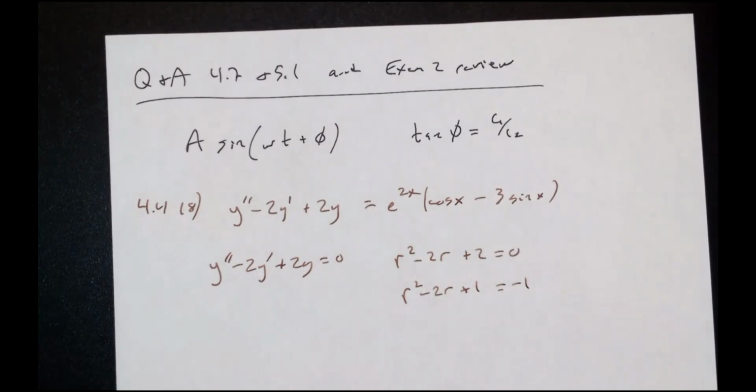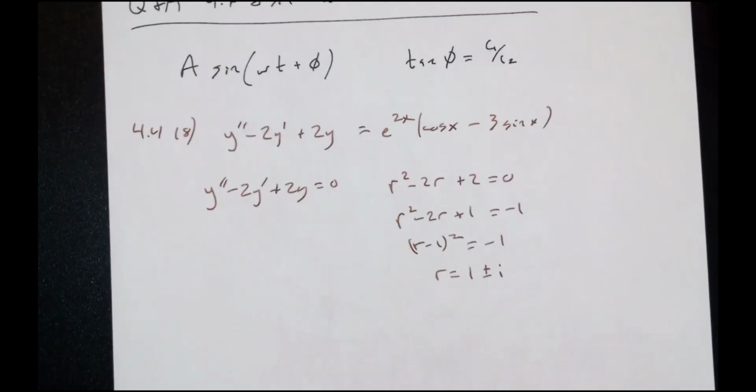I just subtract 1 from both sides. This is r minus 1 squared equals -1. So I get 1 plus or minus i. I like completing the square more, but use the quadratic formula if you want. That means the corresponding homogeneous solution is C1 what? And C2.